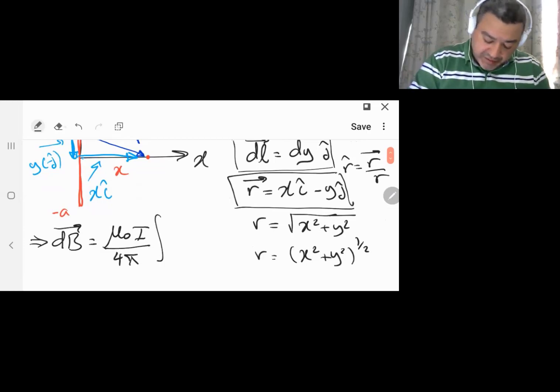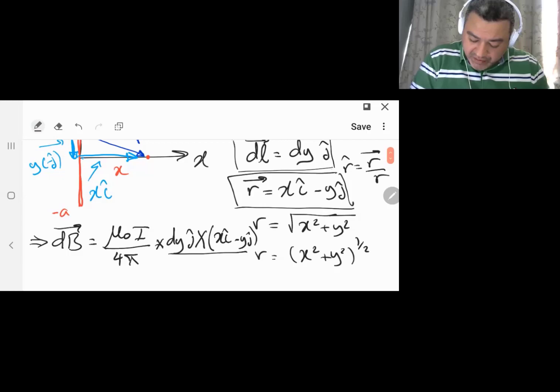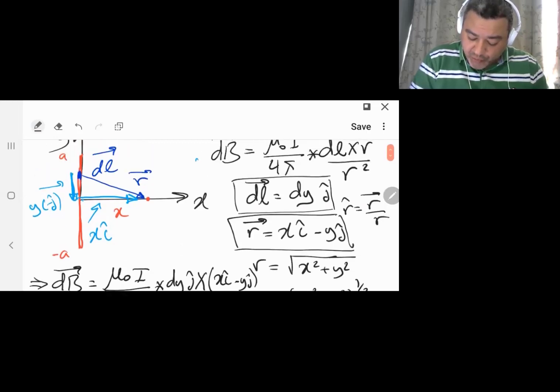No, let me leave the integration for the time being and continue with the substitution times my dl, which is dy j, cross my r, which is xi minus y j, divided by, in this case, if I am to substitute r hat with r vector over r, then this becomes r cubed.